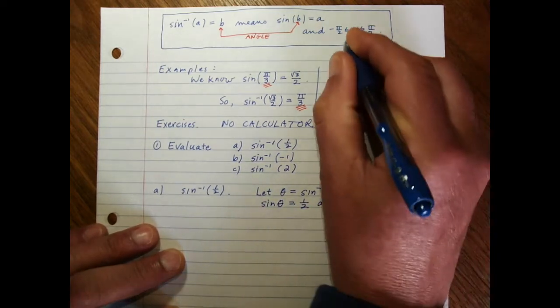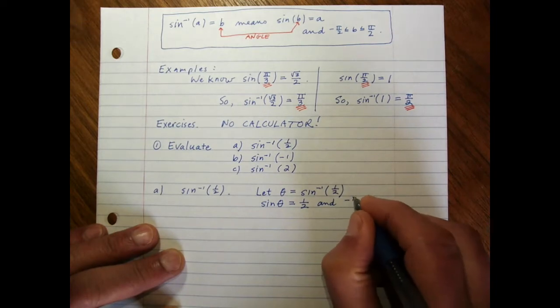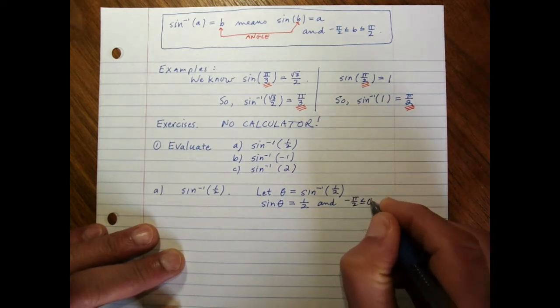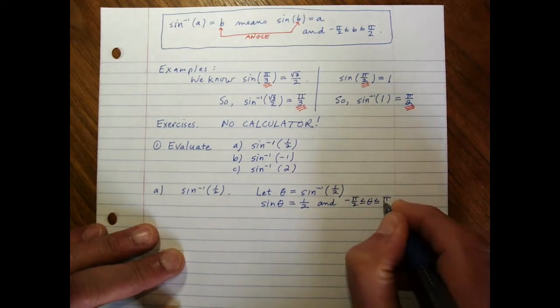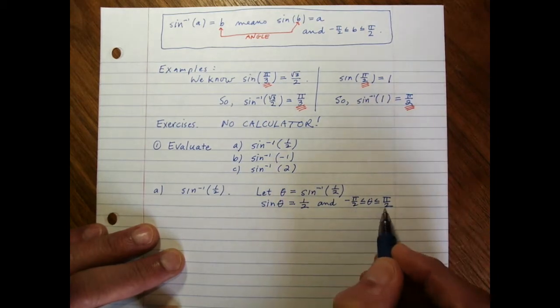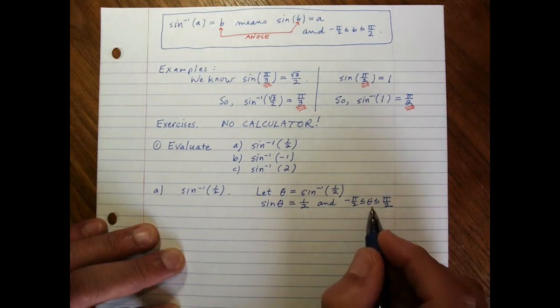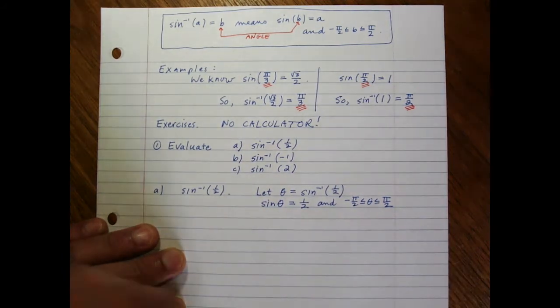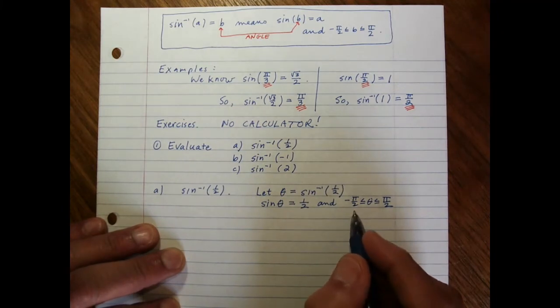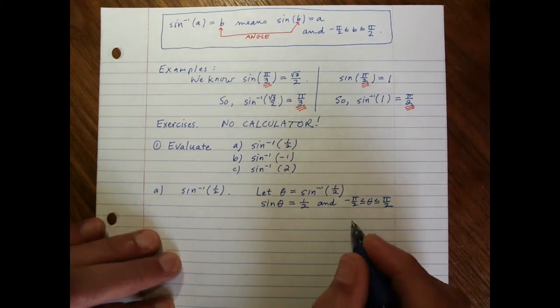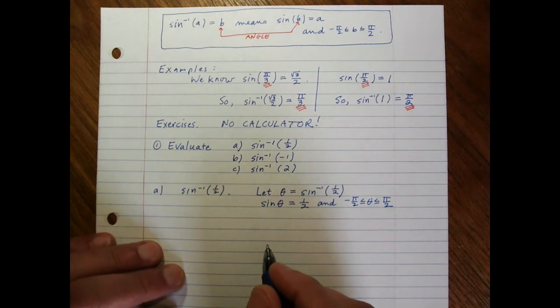And the fine print is that negative pi over 2 is less than or equal to theta is less than or equal to pi over 2. Sometimes we won't even have to make use of this information, but sometimes it's going to be critical to solving the problem. So we always got to keep in mind that restricted interval that we based our definition of inverse sine on.